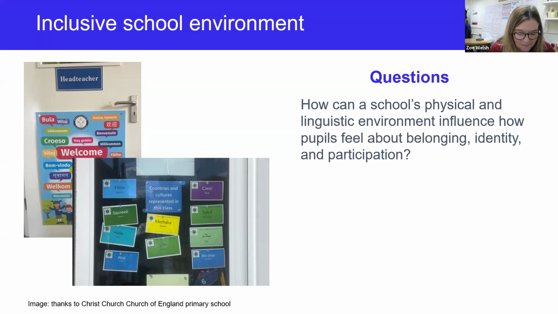And then finally, Karen talked about making sure that the photographs represent everybody, but you can tell a lot from the team photographs. You can tell a lot from what the school choir looks like, what kind of songs the school choir is singing, how the school choir dress, does the music reflect all the cultures in the school, and also what opportunities there are for multilingual learners to take on responsibilities.